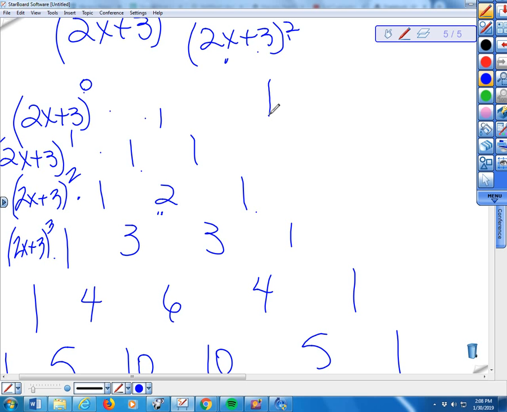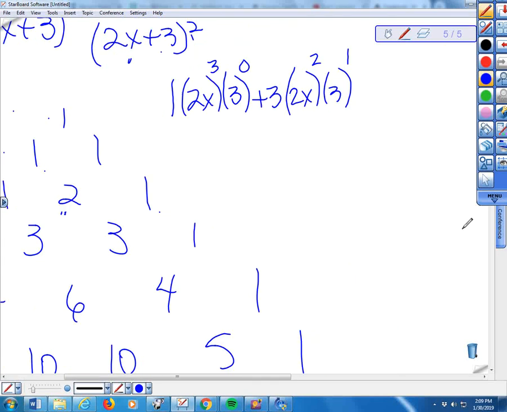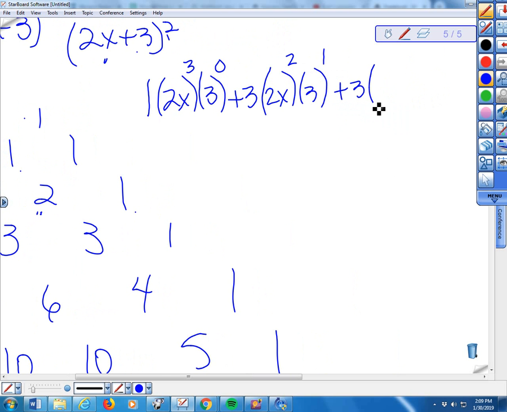I'm going to write both of my terms, starting with the greatest exponent first for the first term and the smallest exponent first for the second, and work my way to the next one. I have 3. I write both of my terms; this is going to be 1 less, this is going to be 1 more. I do my next one: 3 again, this is going to be 1 less, and this is going to be 1 more.